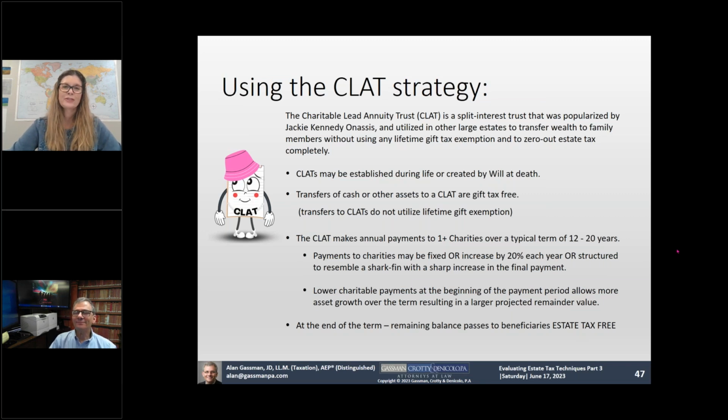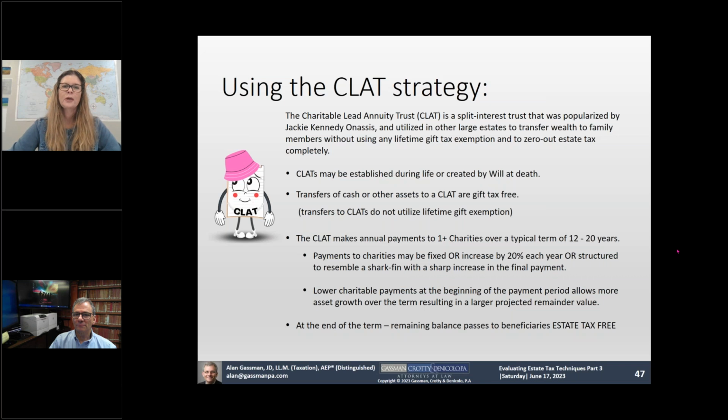Okay, so this one might be familiar to some people because it was a technique used by Jackie Kennedy Onassis to wipe out all of her estate tax at her death. So, charitable lead trust: the difference between that and charitable remainder trust is kind of obvious by the name.